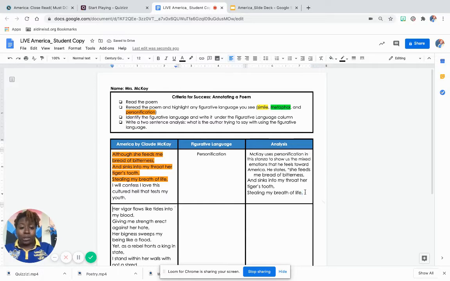When we analyze, we typically use words or phrases directly from the text.